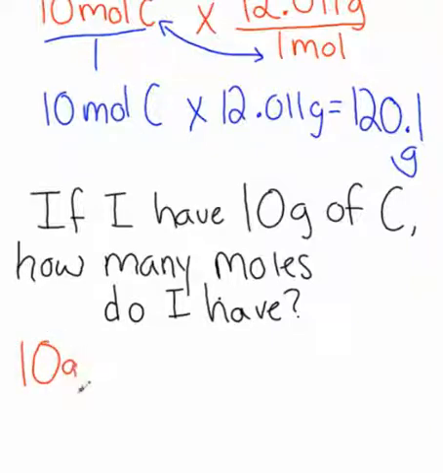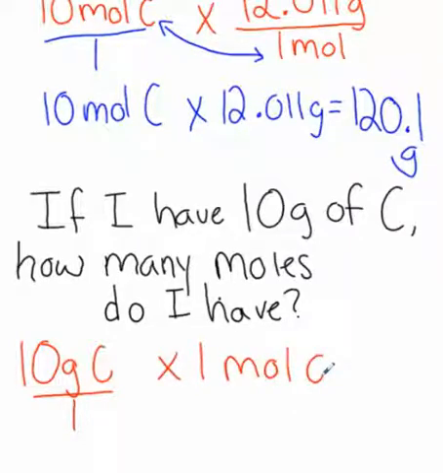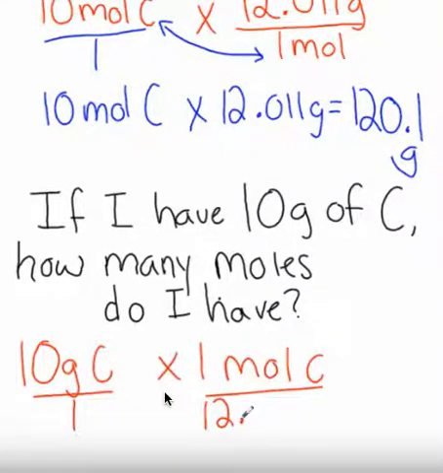Red, 10 grams of carbon times, now this time I'm going to put the mole on top, 1 mole. Again, I'm going to put my little 1 down here so I remember. So 1 mole over 12.011 grams. Again, that's because I want my grams up here to be opposite of my grams down here.